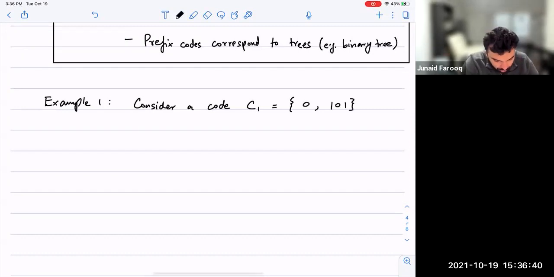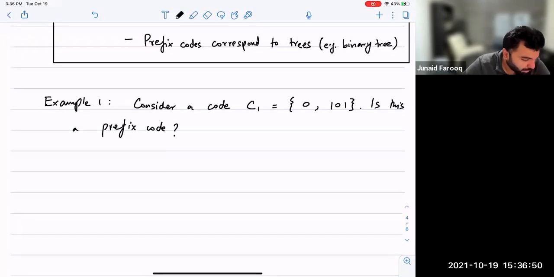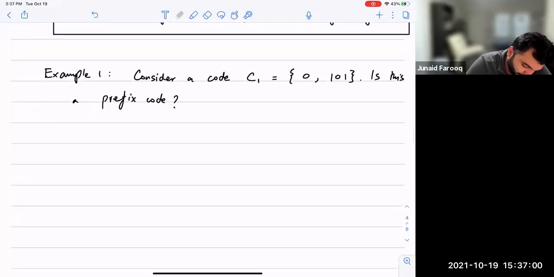And the question is, is this a prefix code? There are many ways to look at it, and the first one is intuitive because you can directly see if some code word is part of the other one or not.